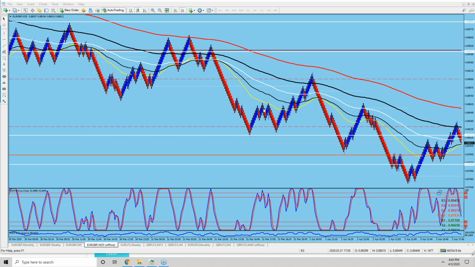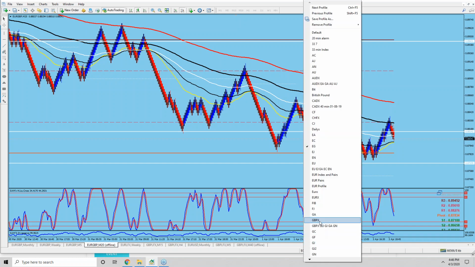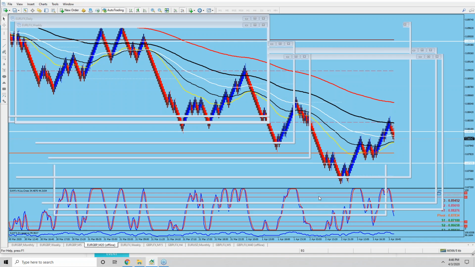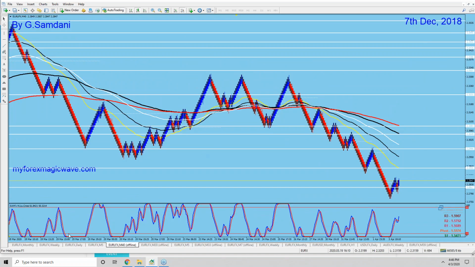You're talking about pound strength, but I see this EJ. Yeah, pound strength you can say, but euro weakness is also playing a part here. Let me show you, the euro is constantly going down, and probably gonna go a long way to the downside, because we had a triangle there.